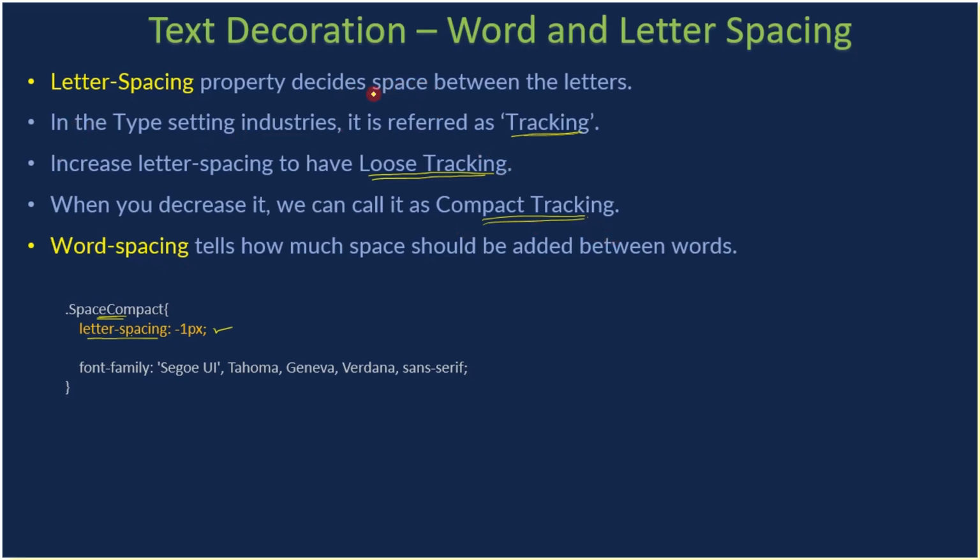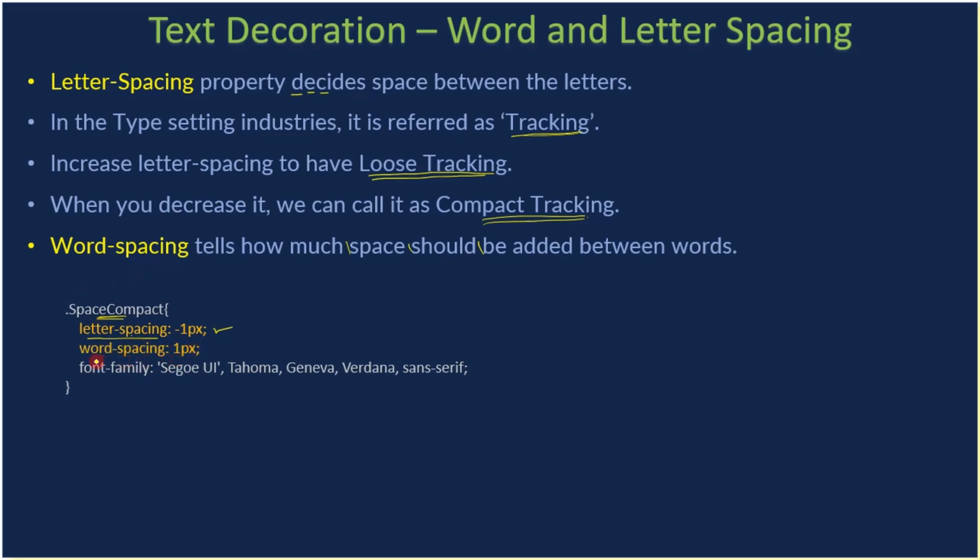So letter spacing is for the letters. So these are all the letters, right? And what is the gap between the letters? That is decided by the letter spacing. Word spacing means here there is a gap, right, between the word. So that is decided by the word spacing CSS property.